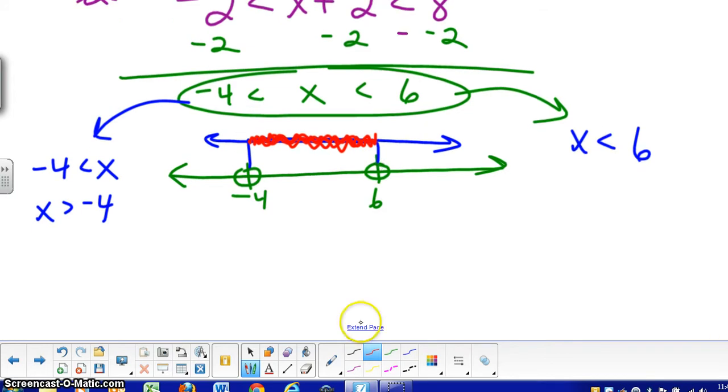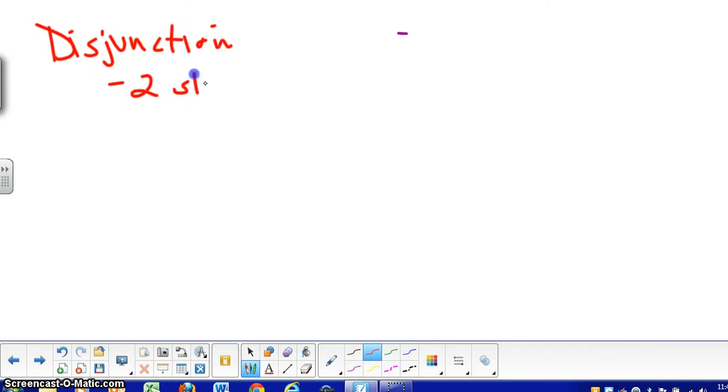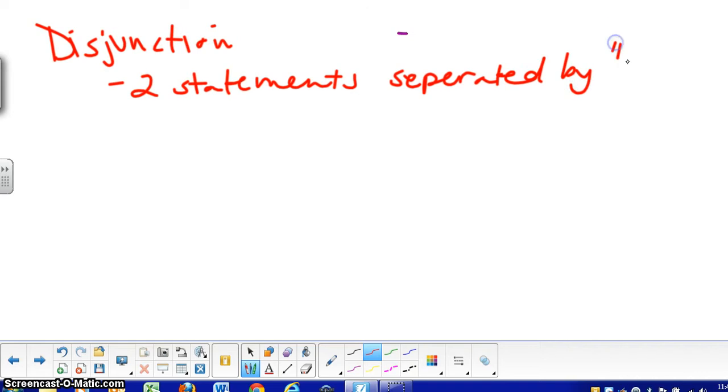Now the other type is called a disjunction. A disjunction is two statements separated by the word or, because one or the other could happen. For example, you could have x ≤ -2 or x > 4.